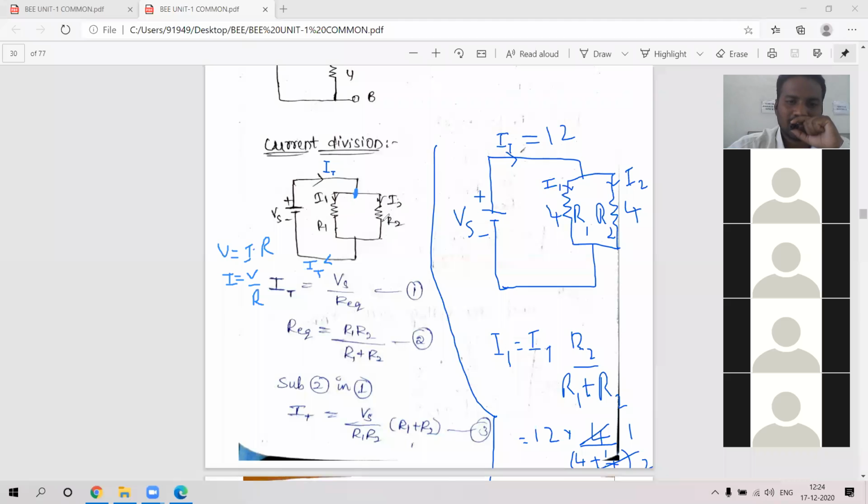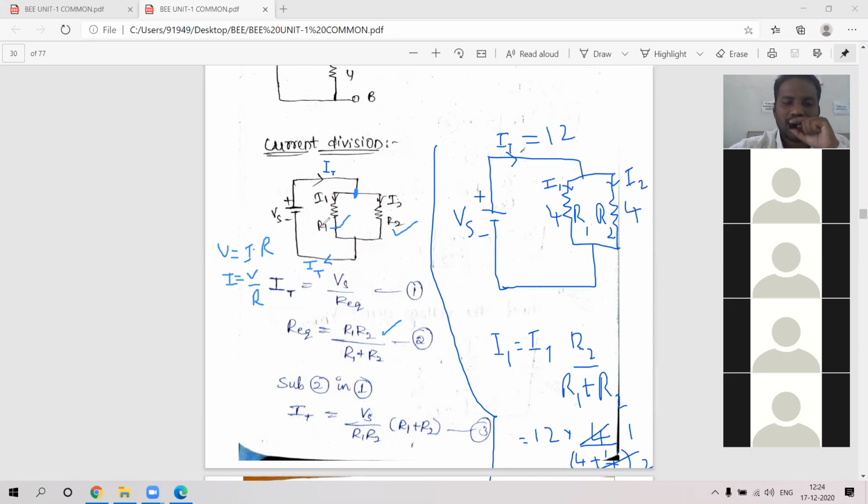How are these two resistors R1 and R2 connected, series or parallel? Parallel. If they are connected in parallel, it is product by sum. So R equivalent is R1 R2 by R1 plus R2.